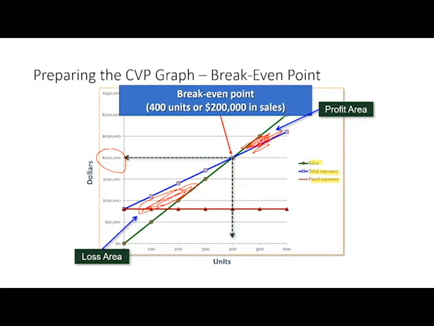Then this shows the loss area. So there are many approaches that you can use to find the break-even point, including plotting the graph.